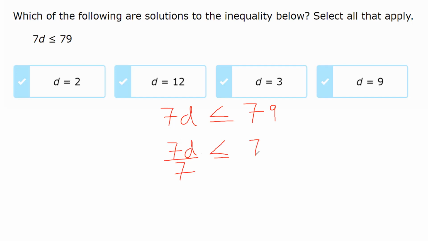So we have 79 all over 7. What's going to happen to these two 7s? They cancel, so we get that D is less than or equal to 79 over 7. What is 79 divided by 7?